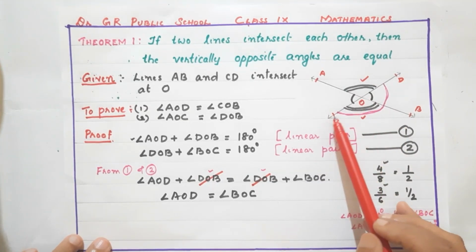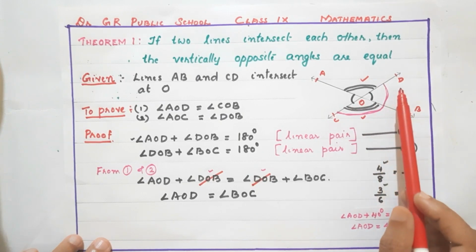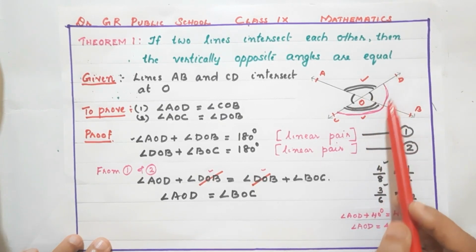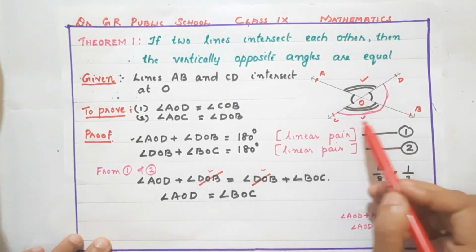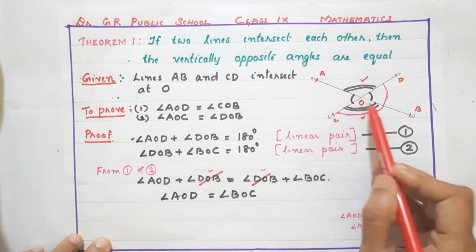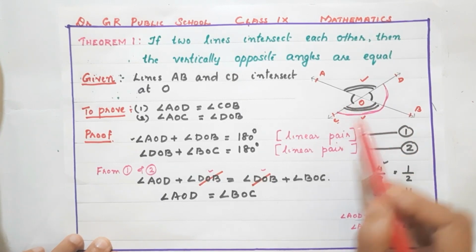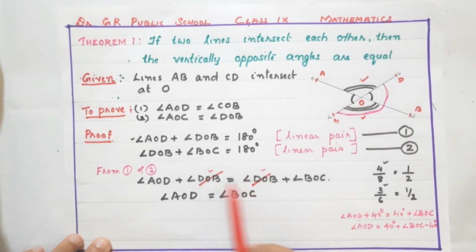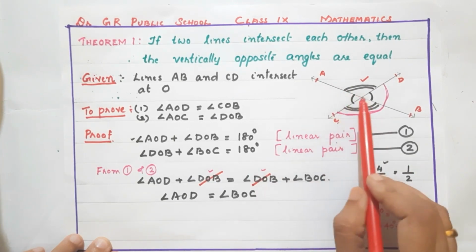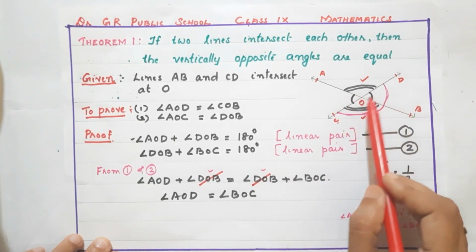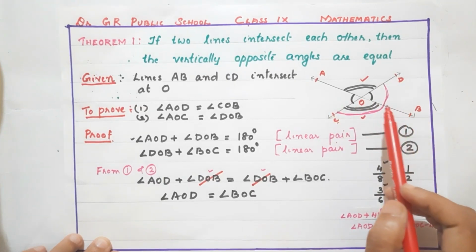Then angle COB plus angle BOD is equal to 180 degree. In both equations, you have this BOC as common. So you can cancel like this. Then what will remain? Angle AOC is equal to angle BOD.